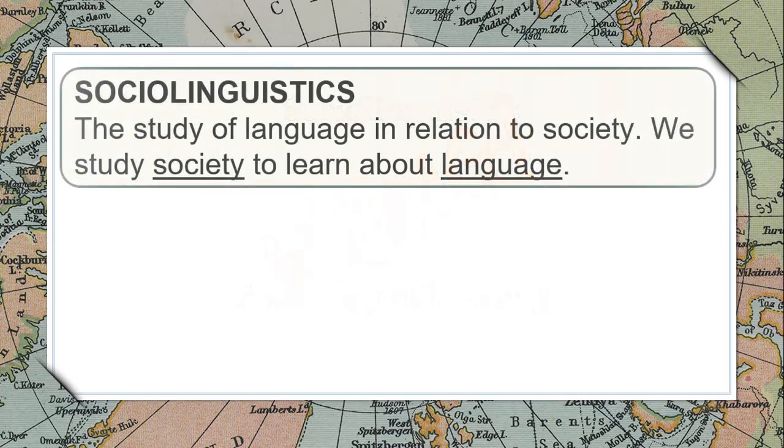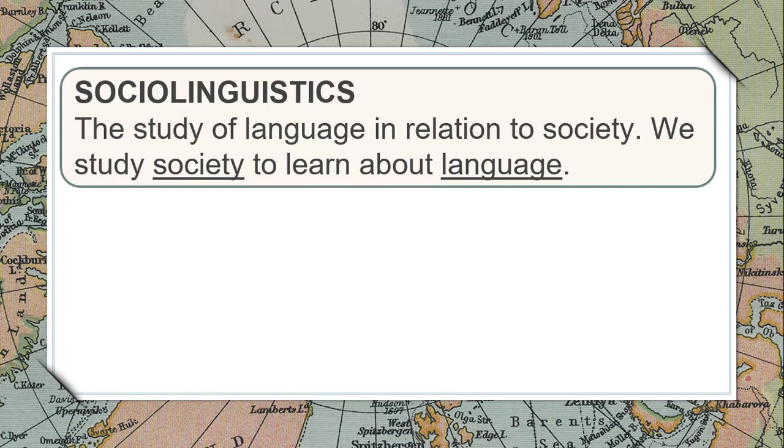So here, sociolinguistics is basically the study of language in relation to society. It means that we study society, we study the people in the society, their age, their social status, their culture, their gender, the period they live in, to learn about language. So the focus in sociolinguistics is the structure of language. We want to know how people use language and how language functions in society.